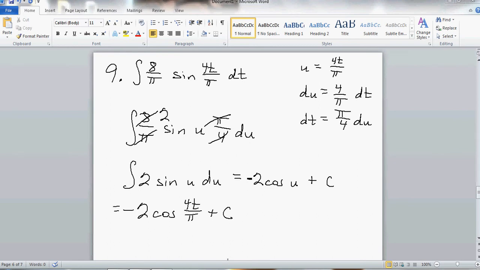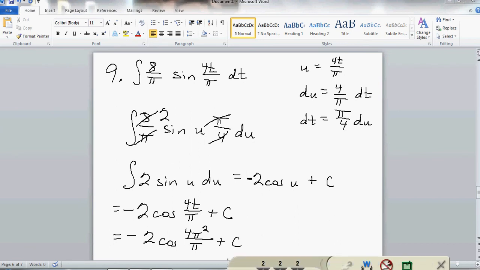Now we can finally say, since we know s of pi squared equals 2, that means we should be able to put in pi squared right here. So we get negative 2 cosine of 4 pi squared over pi plus c, and this will equal 2.